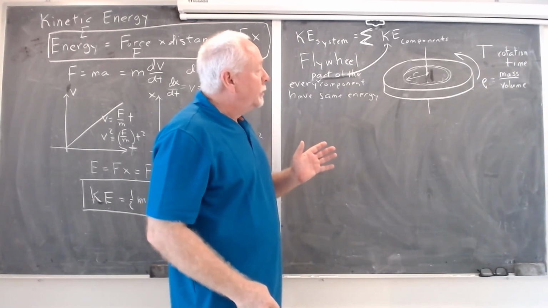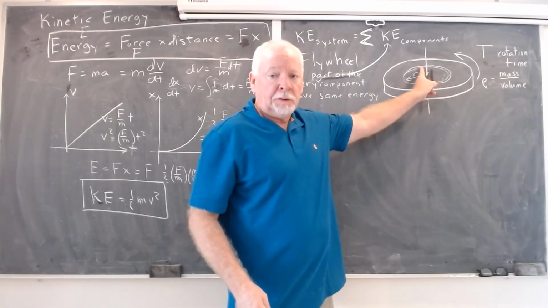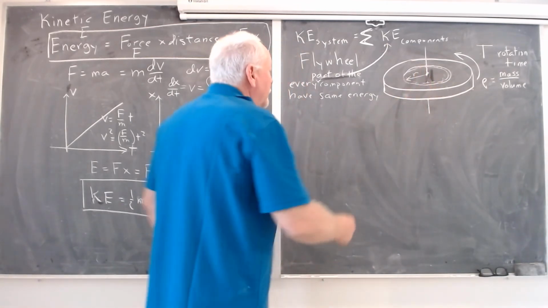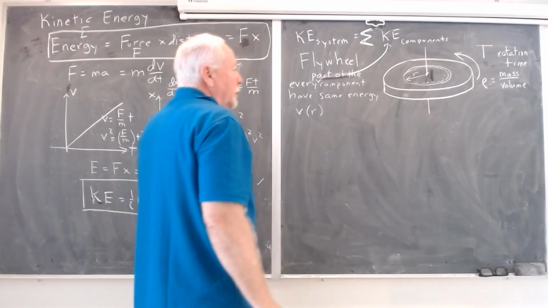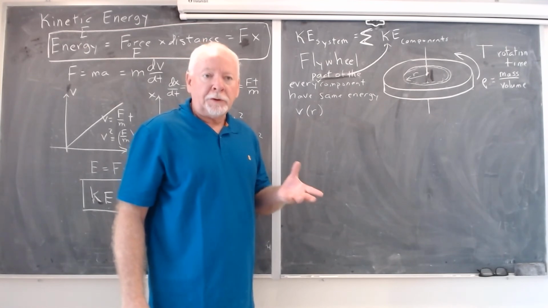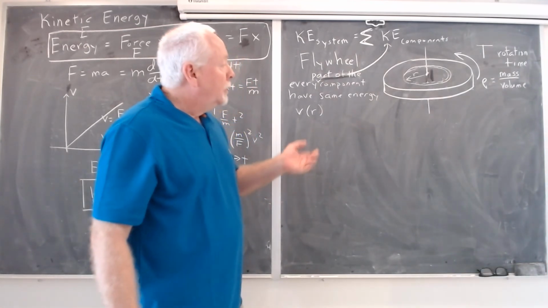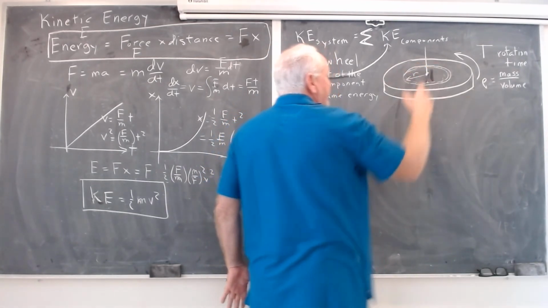How do I know that? Well, because they're all at the same velocity. Okay? V is a function of r. At a given r, it's the same. So those are my components. My components are these shells at different r.